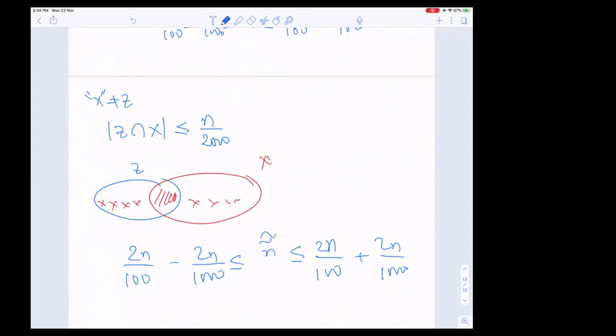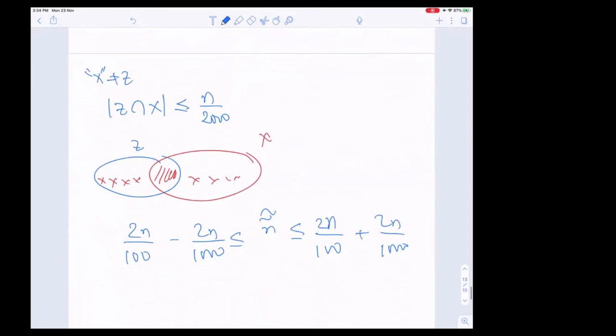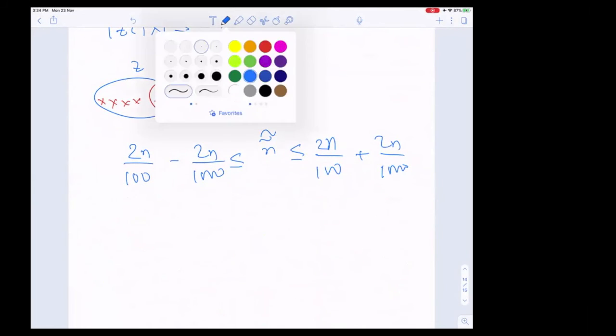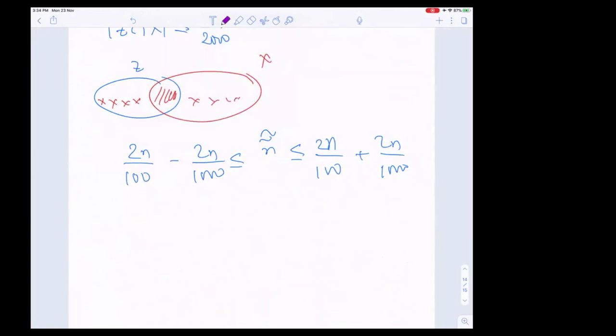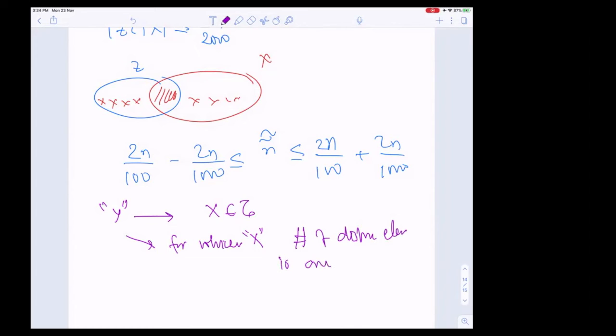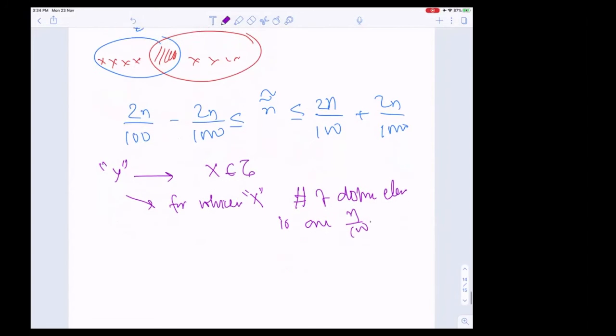It is going to be double, like 2n over 100 roughly. So looking at memory content y, you are going over all x in C. For whichever x the number of distinct elements is around n over 100, what will you say?